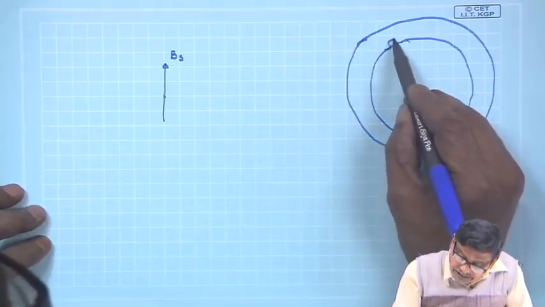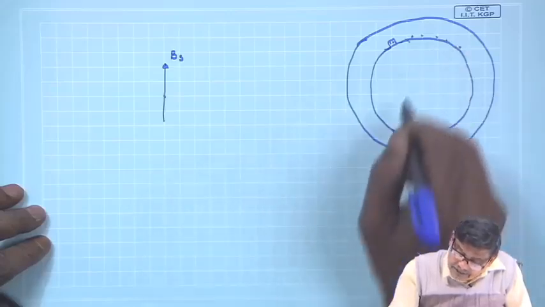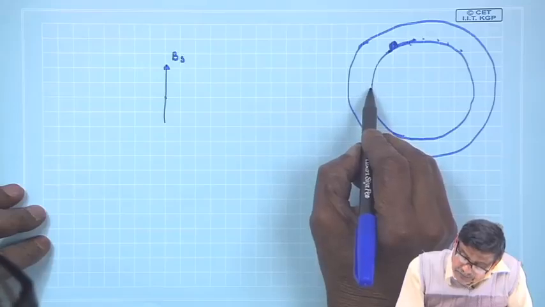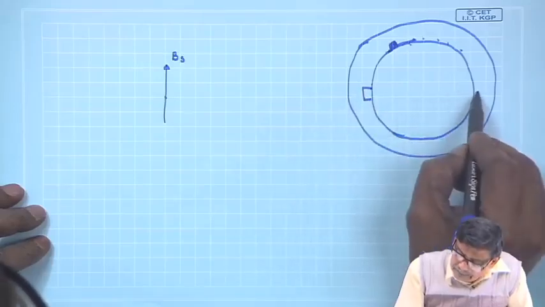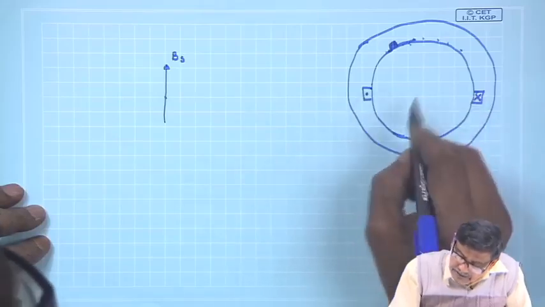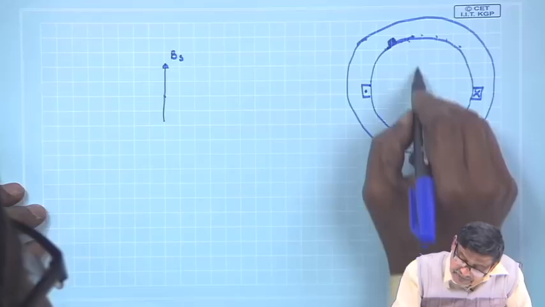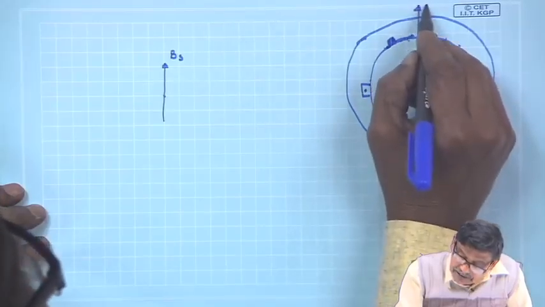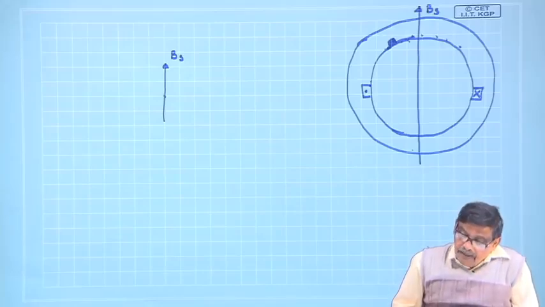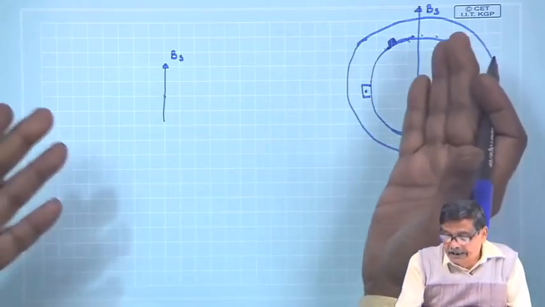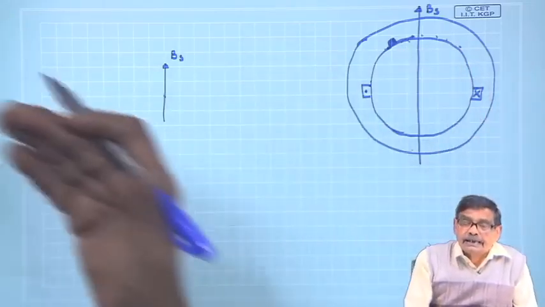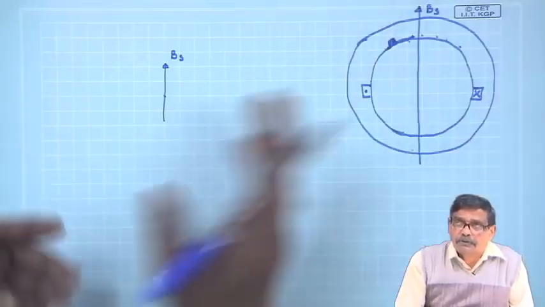This is suppose your stator slots, stator coils, etc. And suppose for simplicity, let us assume there is a pair of slots, you are passing some DC current and there is a field which is created, let me call it BS. And this BS of course can be created by a distributed winding carrying AC currents, and this BS will move.